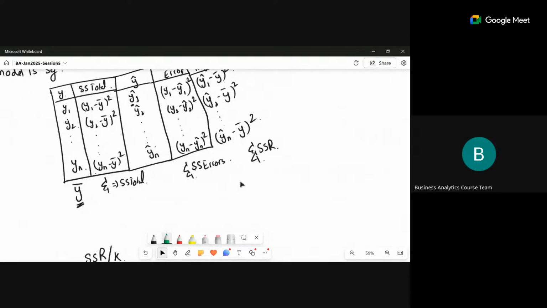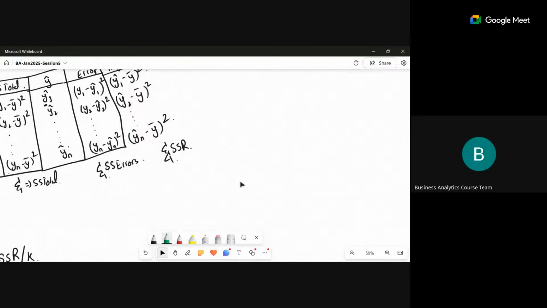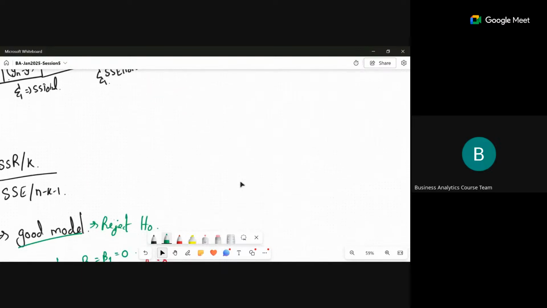Ultimately, when you do regression, what is the most important parameter that you look at? You fit a model in regression and then you compute this guy. Who is he?